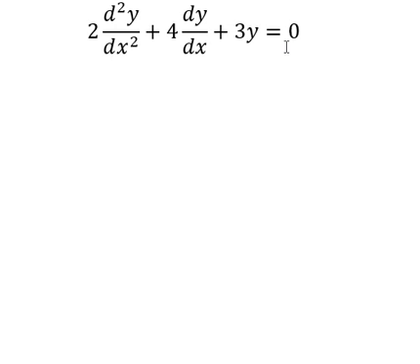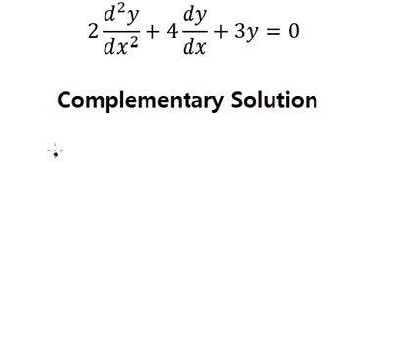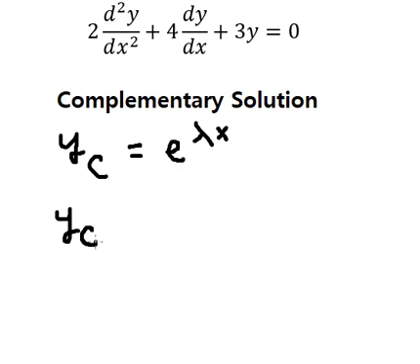Because this one equals number 0, we can find only the complementary solution. So I will put yc equals e to the power of lambda s. If we do the first derivative of yc, we have lambda e to the power of lambda s.